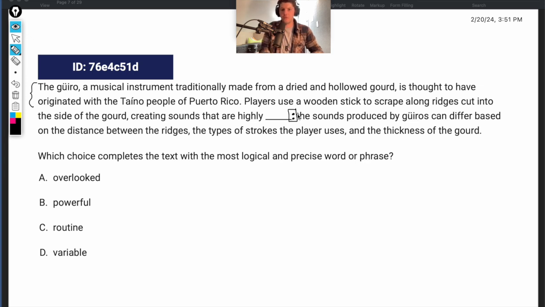So if I focus here, the sounds produced by gyros can differ based on the distance between the ridges, the types of stroke a player uses, and the thickness of the gourd. So we have a list of elements that can cause a distinction or a difference in the sound. Right? The sound can differ based on three things.